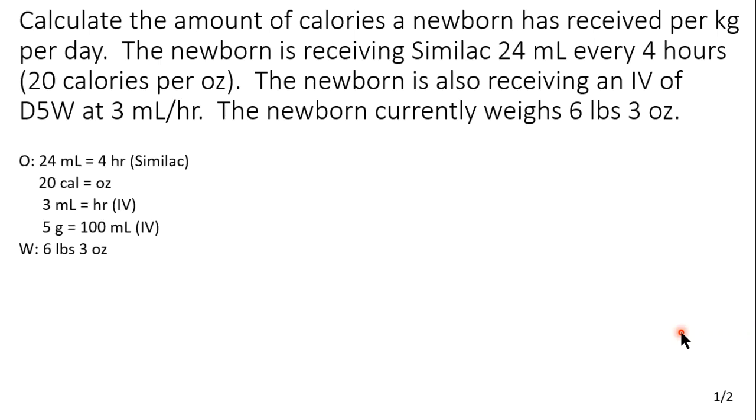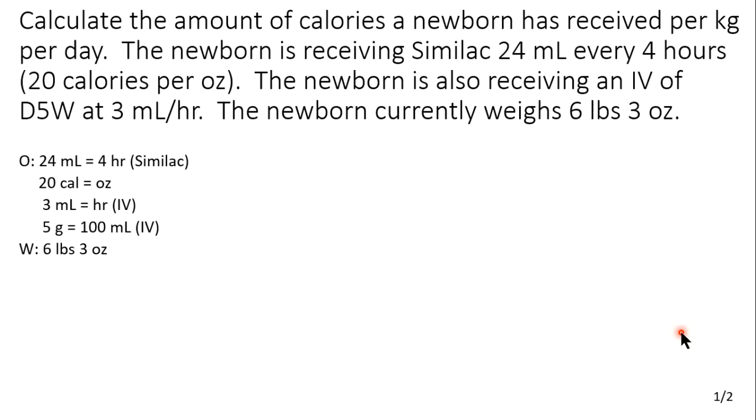We look at the information we have. So there are 2 sources of calories for this baby, which is the Similac and the dextrose in IV. So for the Similac, we have 24 milliliters every 4 hours, and the caloric intake is of 20 calories per ounce.